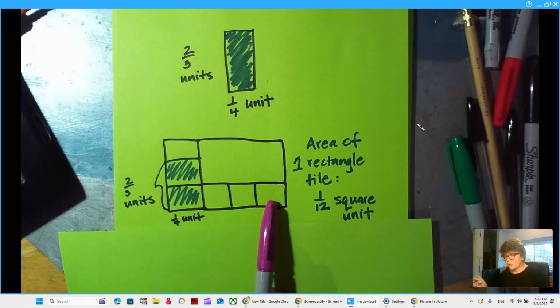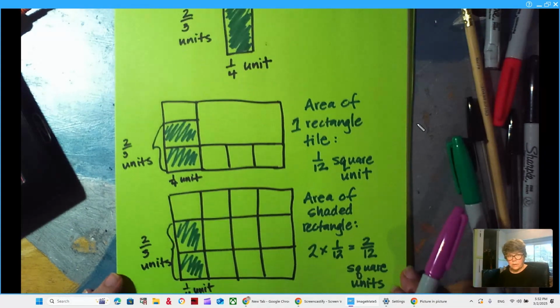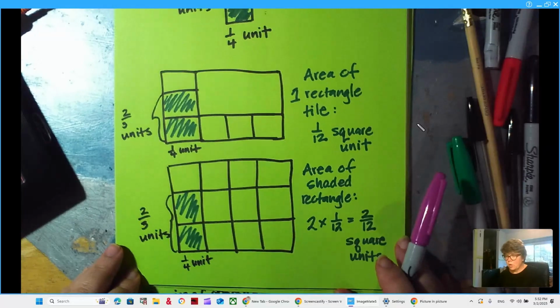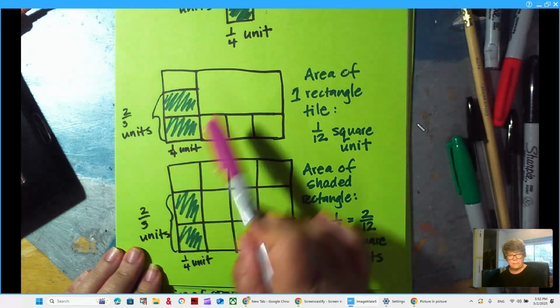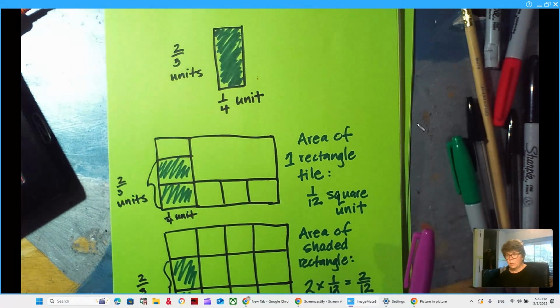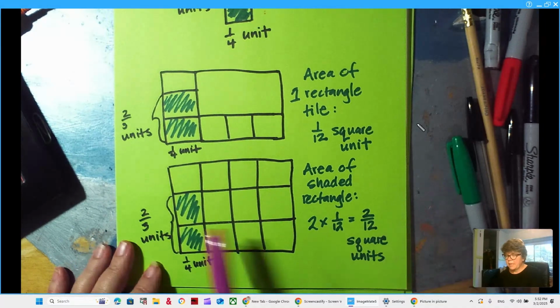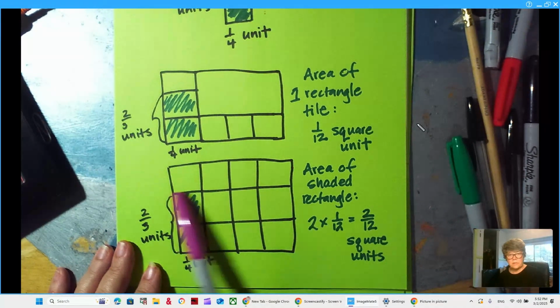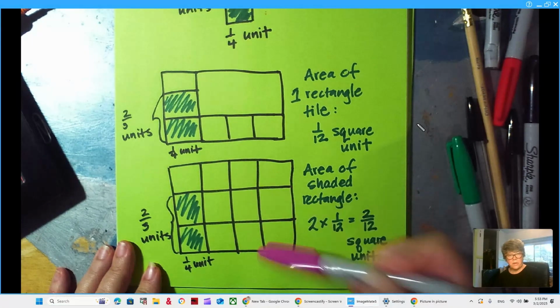Okay, and then we're going to draw it out a little bit more, and we're going to draw our lines all the way across. This is the same thing as this. This is exactly the same, and it's exactly the same as what we had on top. We are just building it out. Do you see that? So here I have 2/3, and here I have 3 lines, which makes 4 parts.